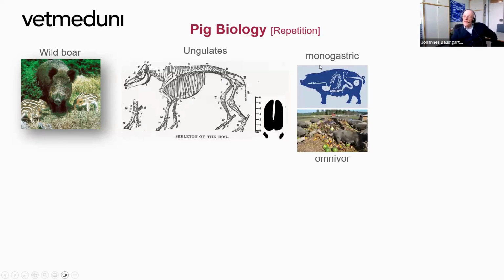We have to know that they are omnivore and monogastric, so they are not able to digest feed such as grassland or grass and hay.